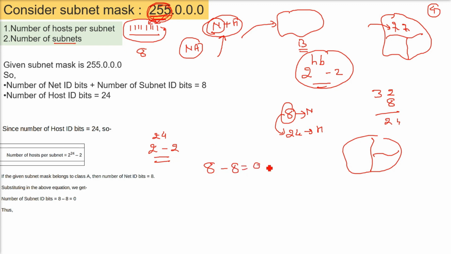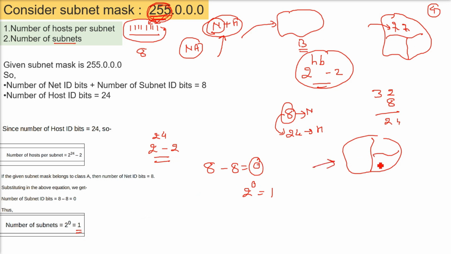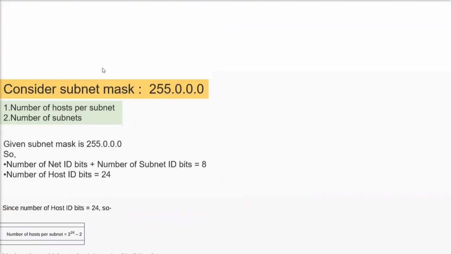How many networks will be there? See, 8 is the default subnet mask for class A. 8 bits are already used. So 8 minus 8 is 0. For the subnets, how many are remaining? 2 to the power 0. One network, only one single network.